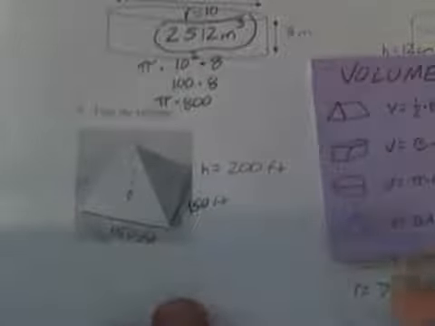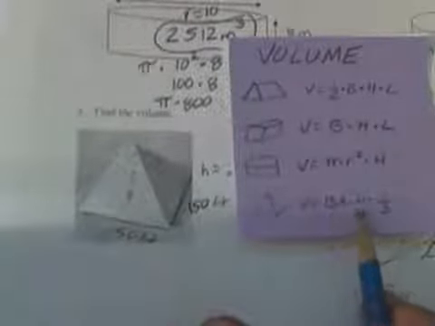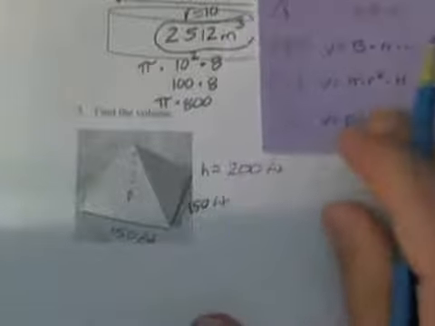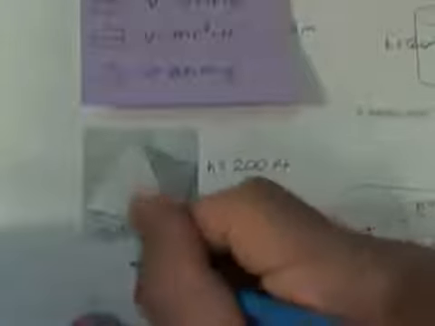Find the volume. So if you're finding the volume of a pyramid, and I have the volume of a pyramid right here, and you have it on your formula card as well. Volume equals the base area times the height times 1/3, or divided by 3. So in our case here, let me move that formula card over so you can see it.